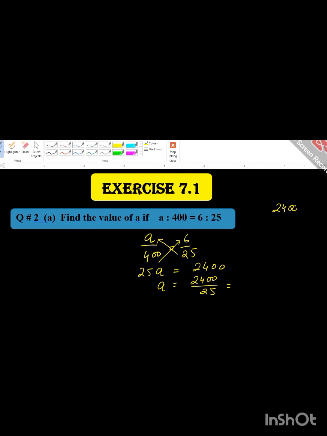We will make a division here. 25 8s are... 25 9s are 225. So we will get 5 here, and then 1, and then here we get 0. 25 6s are 150. So what we get? We get 96 as the answer. The value of a is 96.